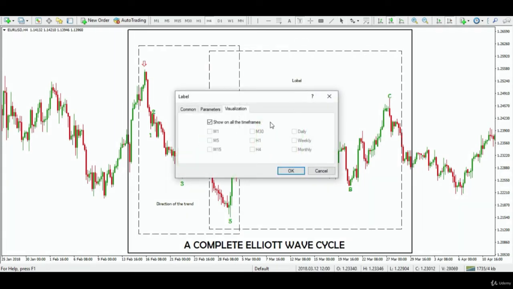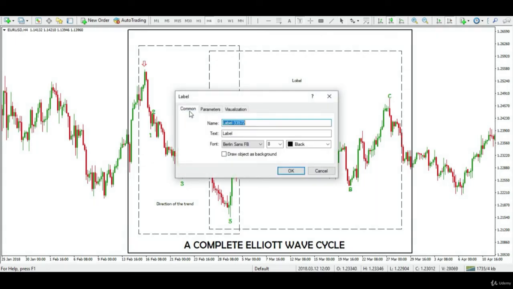Now the 5-wave decline was in the direction of the trend, whereas the 3-wave correction is against the direction of the trend.